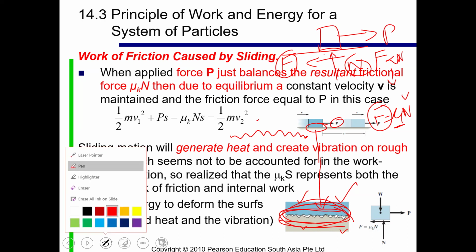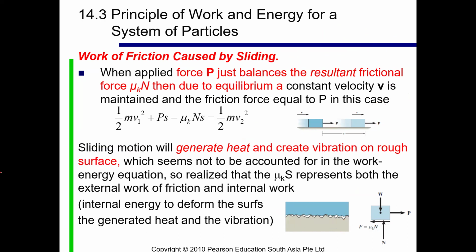Now, if I go back here to the discussion. When I'm talking about work of the friction caused by sliding, one applied force P just balances the resultant frictional force, which is mu Kn. Then due to the equilibrium, a constant velocity V is maintained and the frictional force is equal to P. So this is the case of sliding, work done in the case of sliding.